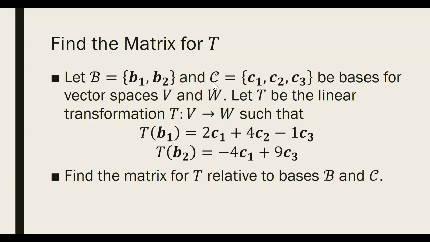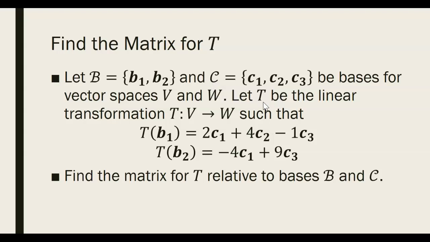And we're going to let C as a basis consist of 3 elements, C1, C2, C3. Basis B is going to correspond to vector space V, and basis C is going to correspond to vector space W.